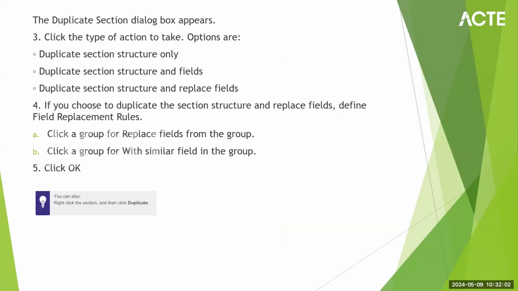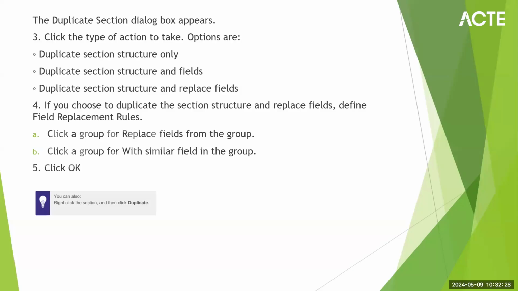If you choose to duplicate the section structure and replace field, define the field replacement rule. So how? Click on a group for replace field and from a group, click group with similar fields in the group. For example, you wanted the group to be duplicated, but you wanted to replace those fields.